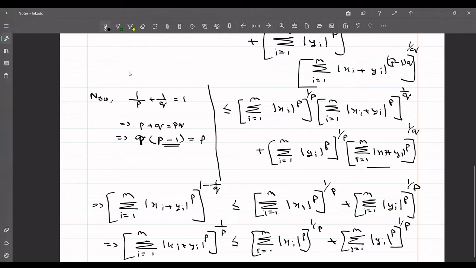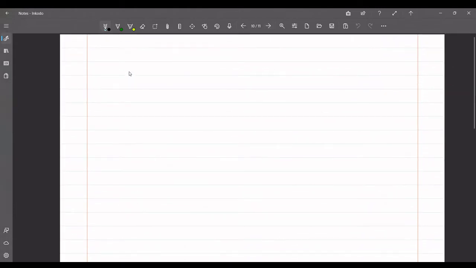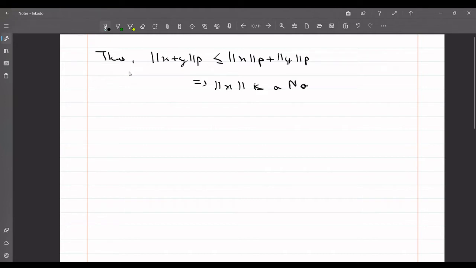So basically we have proved the Minkowski inequality. Thus what we are trying to prove is that the p norm of x plus y is less than or equal to the p norm of x plus the p norm of y, which basically implies this function is indeed a norm.